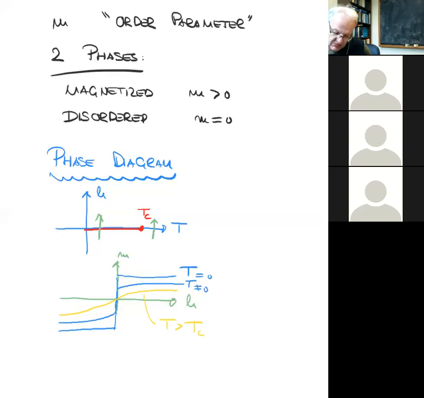So this regime is called a first order transition or discontinuous transition. And out here, we just have a crossover. Okay. And this point here is this kind of second order phase transition.